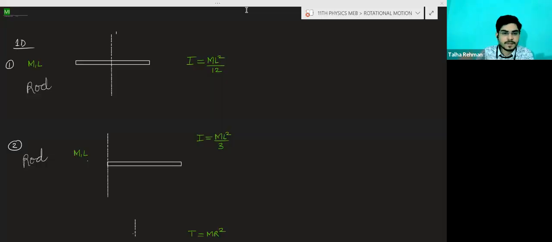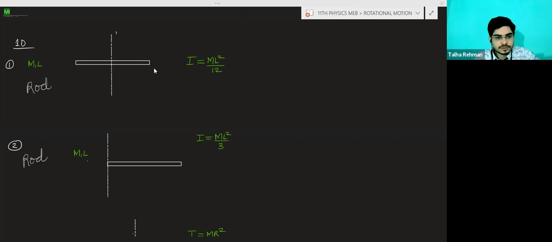So the same role is played by the moment of inertia in the rotational motion as is played by the mass in the linear motion. In linear motion, mass is there. In rotational motion, moment of inertia will be there. So for different bodies, different moment of inertia is there.